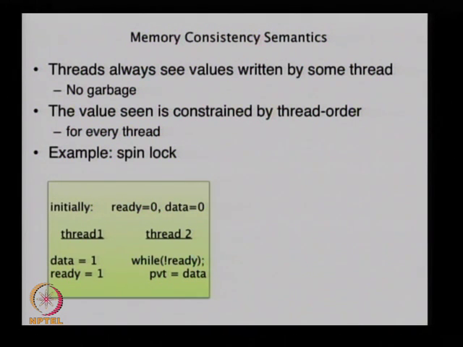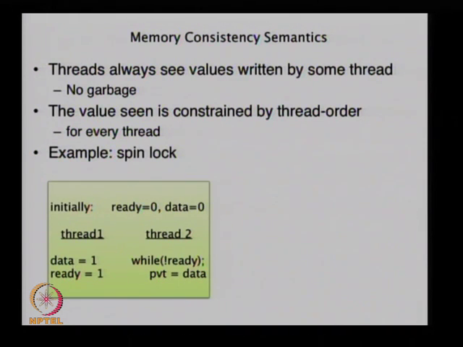And thread 2 meanwhile is reading ready many times as long as it remains 0. Right? As soon as it sees it's 1, it comes out. And wait, that's not supposed to be indented like that. There's a semicolon, yeah.